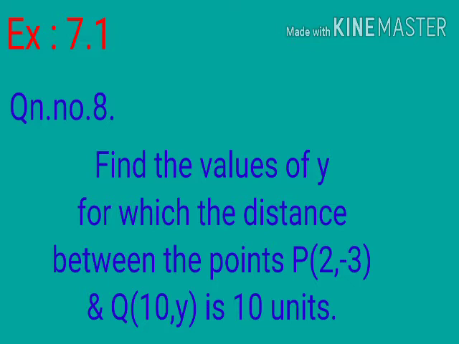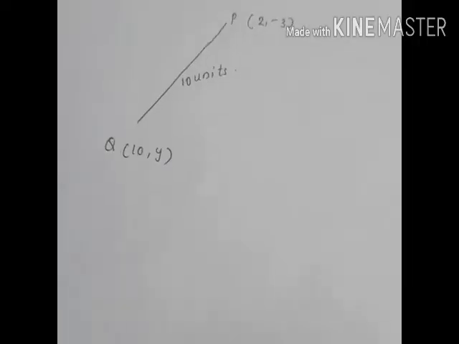That means the distance between the 2 points P and Q is given as 10 units. The coordinates of P are 2, -3 and the coordinates of Q are 10, y. Here one of the values is unknown, that is y. That unknown value we have to find.